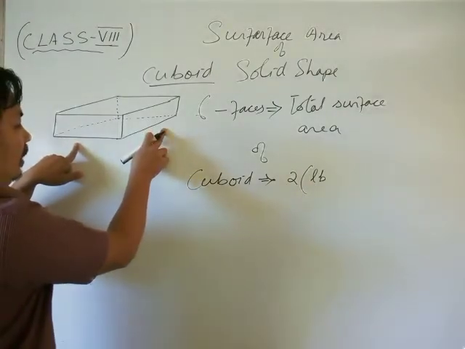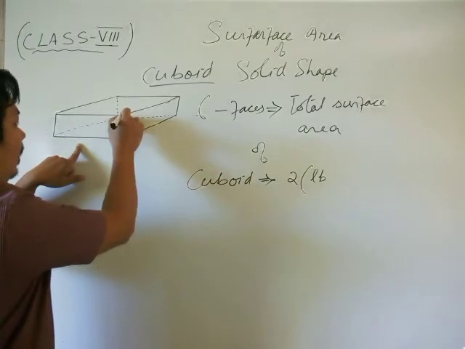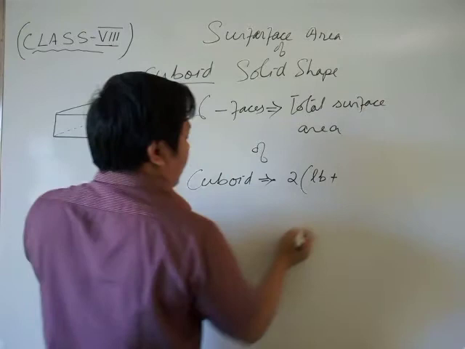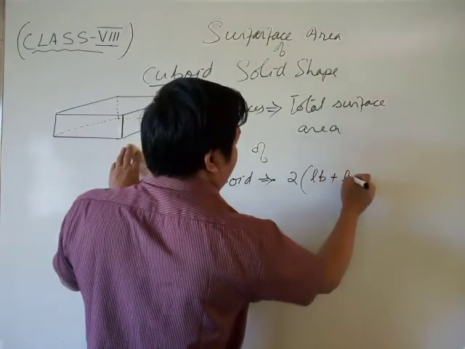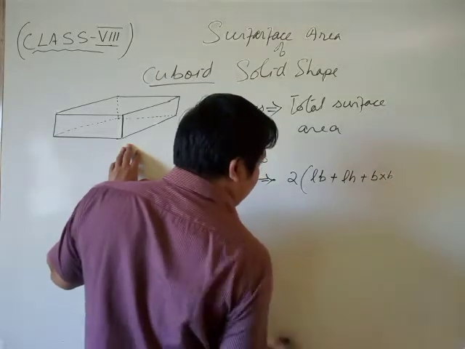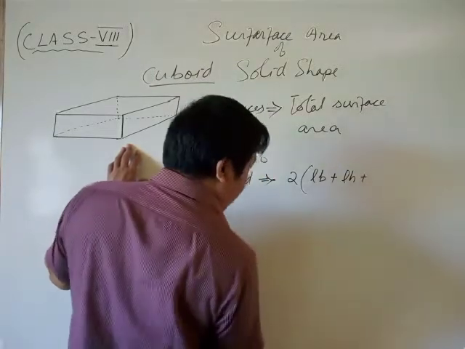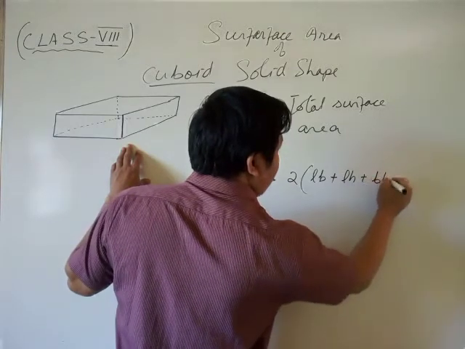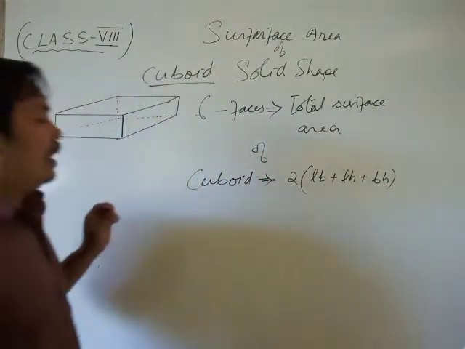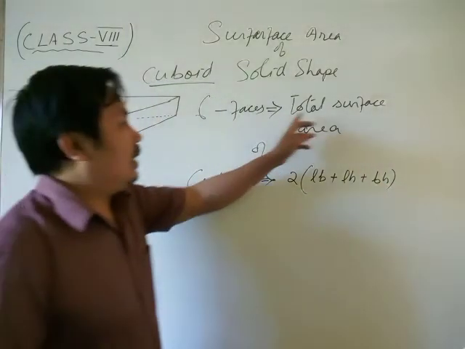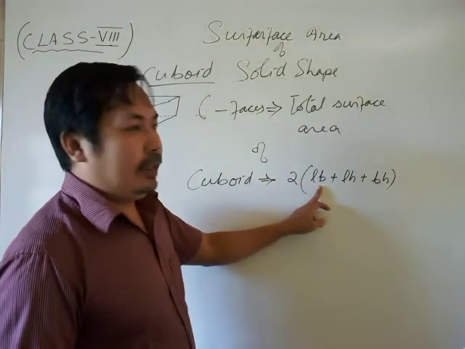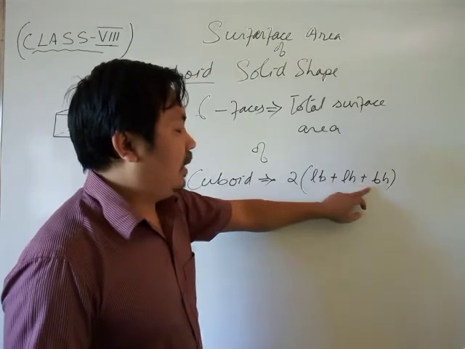Okay, length into breadth. Understand? And what about these edges here, plus length into height plus breadth into height. Once again, total surface area of cuboid is 2 into LB plus LH plus BH.